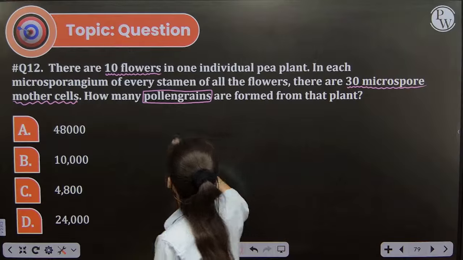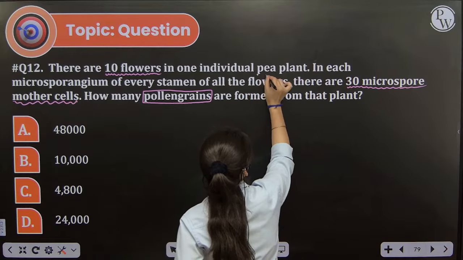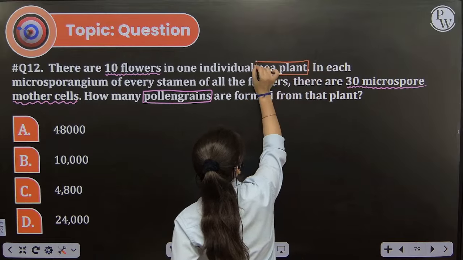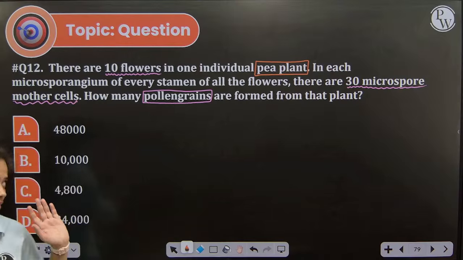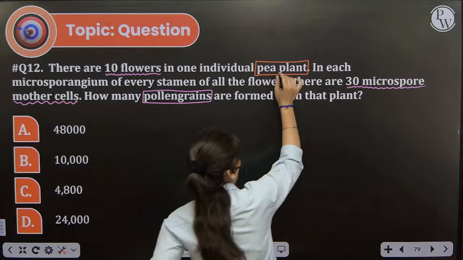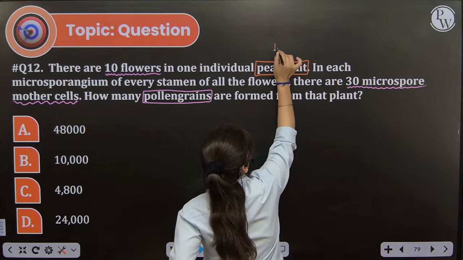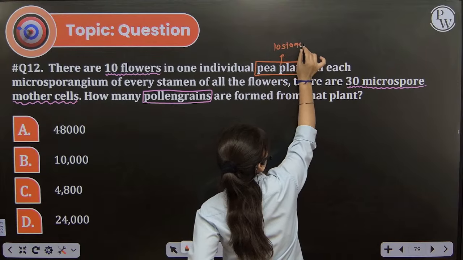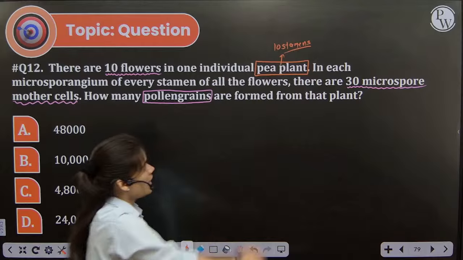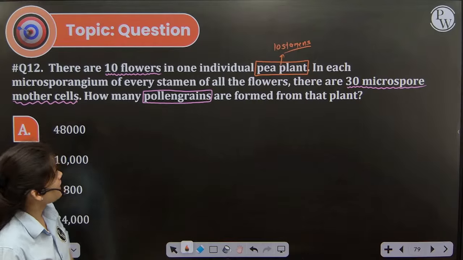See, we know in case of pea plant, let's recall the morphology in flowering plants chapter. Pea plant has how many stamens? 10 stamens. Diadelphous condition we already discussed. Pea plant has 10 stamens.